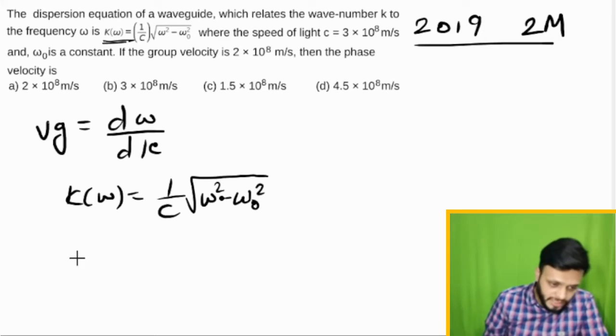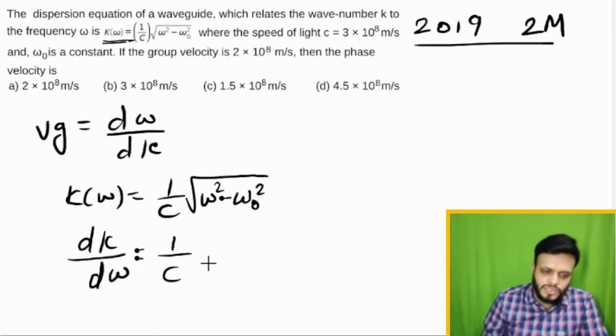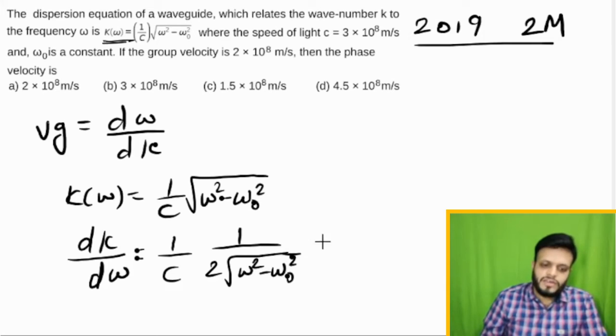Now the derivative of k with respect to omega reduces to 1 over c times the derivative of the form root x. So we get 1 over square root of omega square minus omega naught square, times the derivative of x, that is 2 omega.